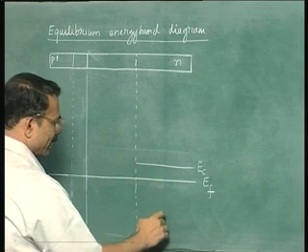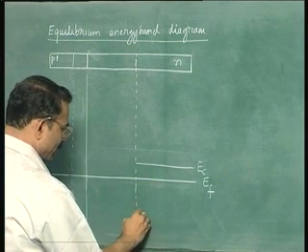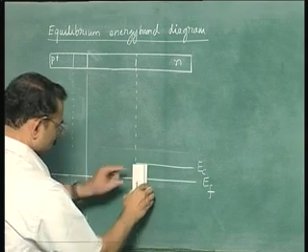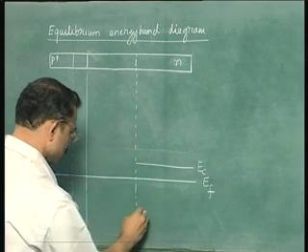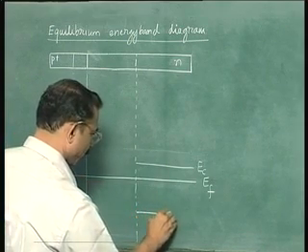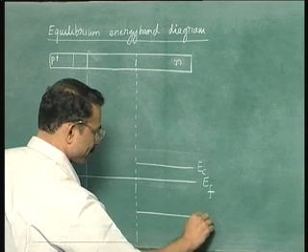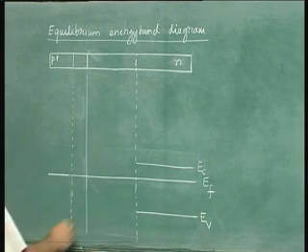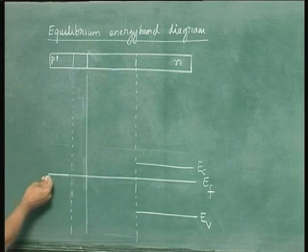Now you can locate the EV below this at a distance of energy gap. We can repeat a similar thing on the P side.